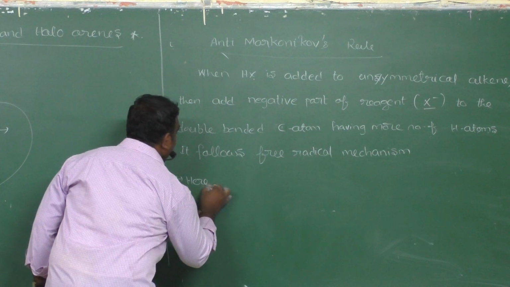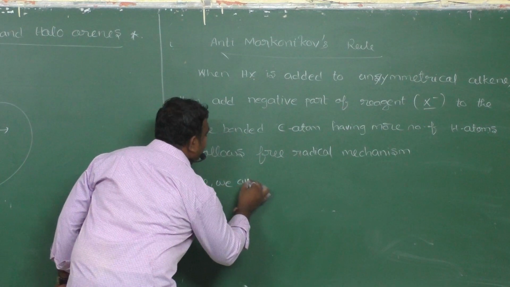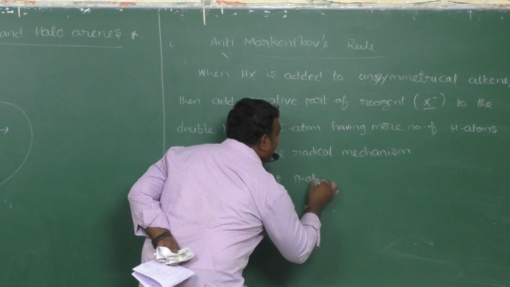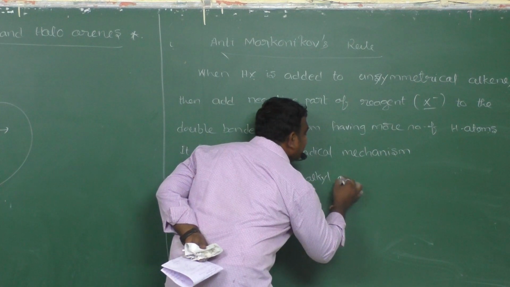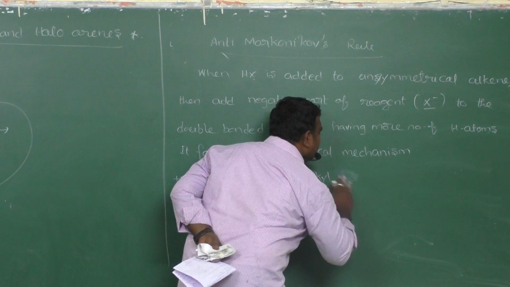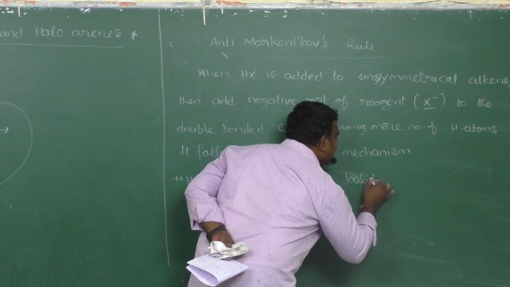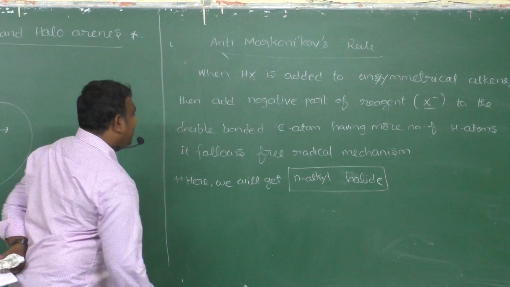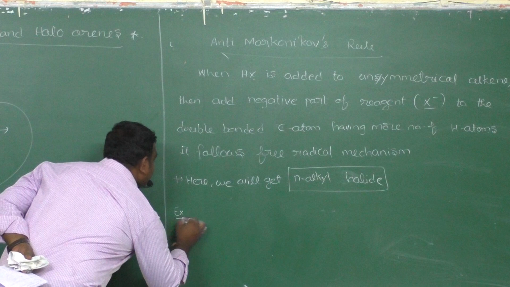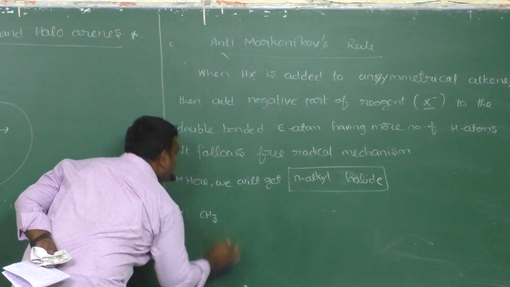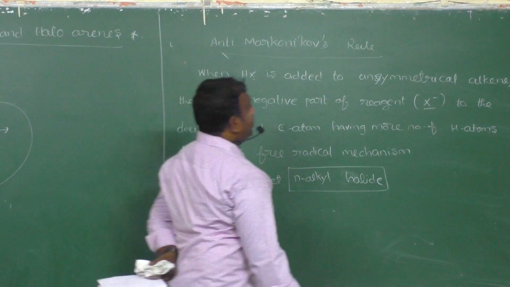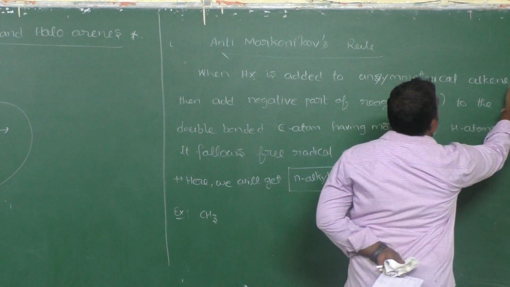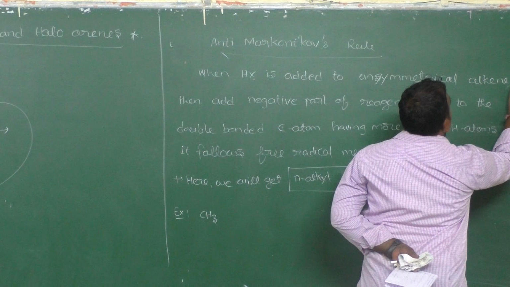Here we will get n-alkyl halide. Only normal alkyl halide, no branched alkyl halide. The example for this one is here.